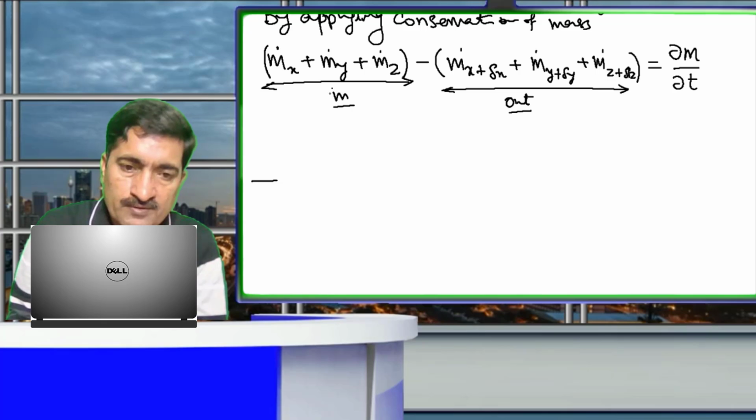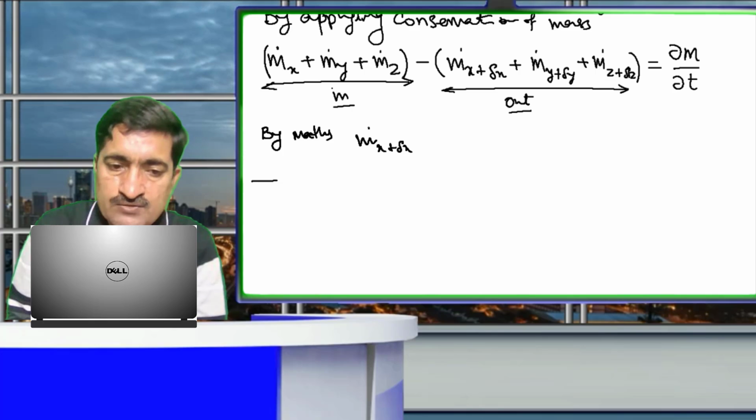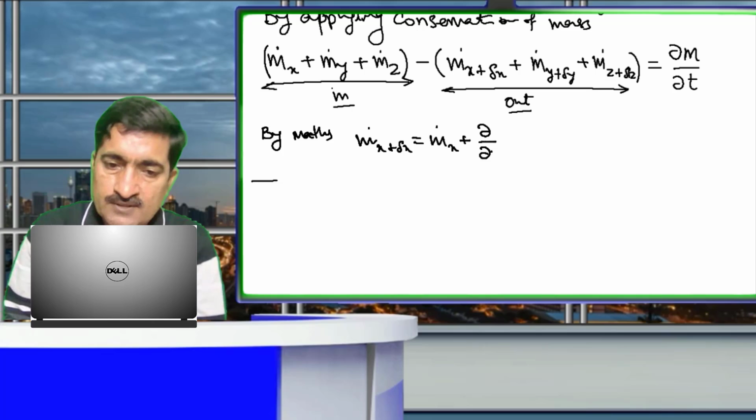Now we can write by simple mathematics, or partial derivative, mx plus delta x as mx plus del by del x of mx into delta x.